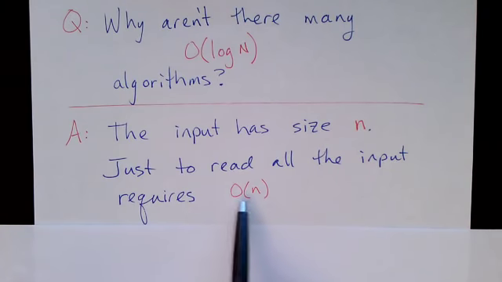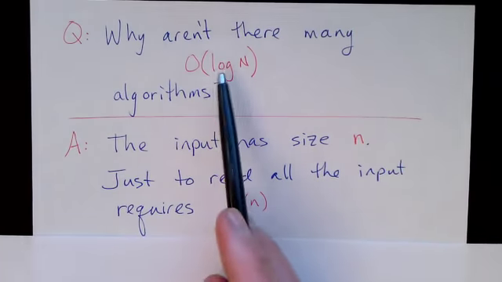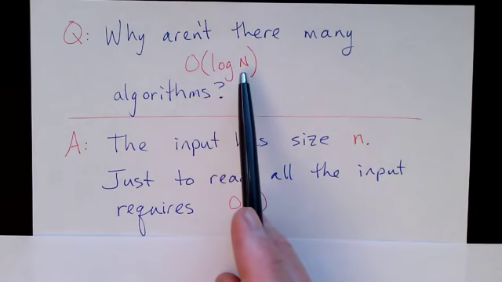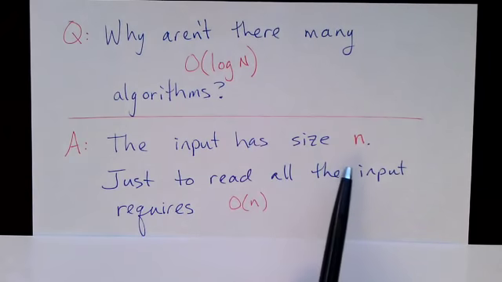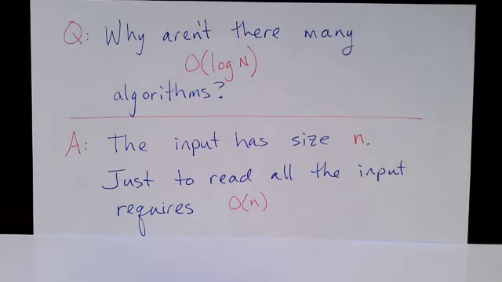In other words, it has to be at least linear in the size of the input. So any algorithm that runs in order log n time doesn't have enough time to read even the input. So it doesn't make sense, really, to have such an algorithm. It basically has to ignore its input. So in that sense, it's not a very interesting algorithm.